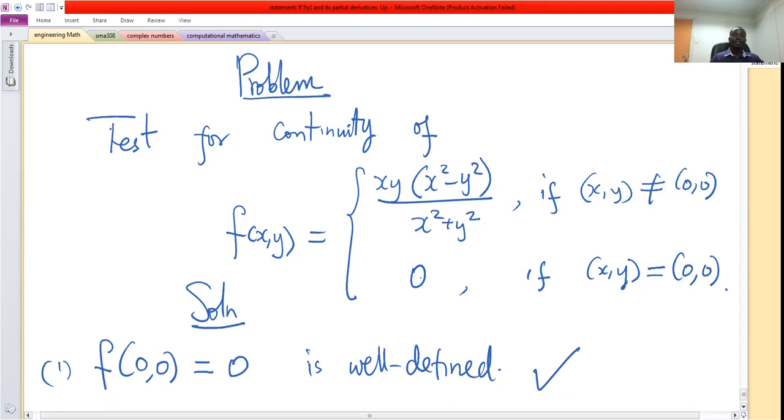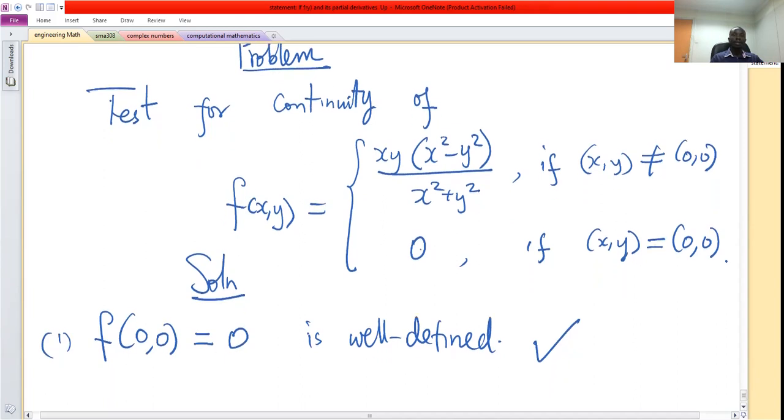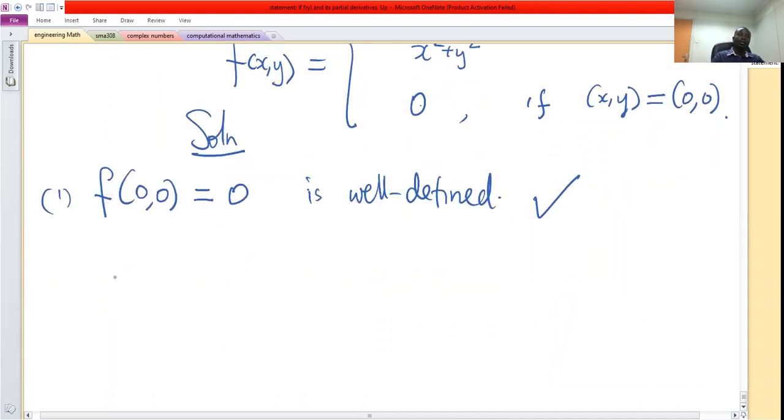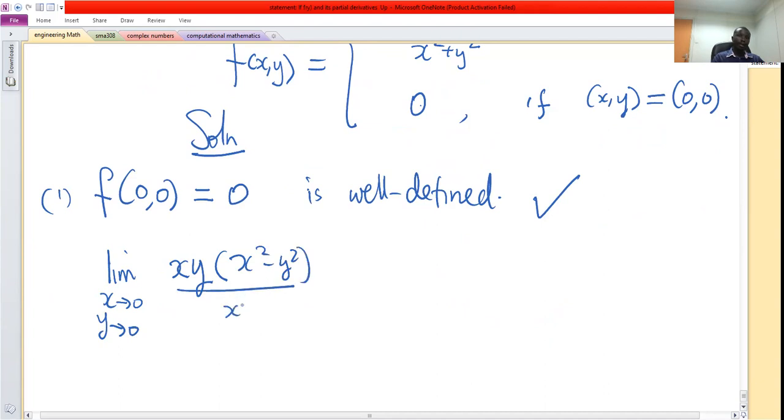Let's see the second condition on the limit. Now the limit as x approaches 0, y approaches 0. We use the first formula, xy times (x squared minus y squared) divided by x squared plus y squared. So there are 4 things for us to test.